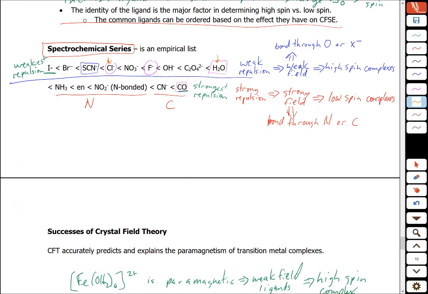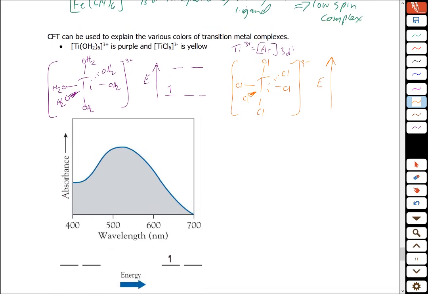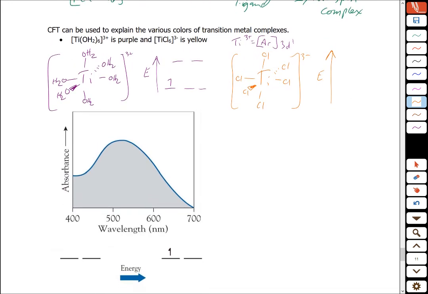So that means chloride is going to have weaker repulsion, and it's going to have a smaller splitting energy, but it is still d1.